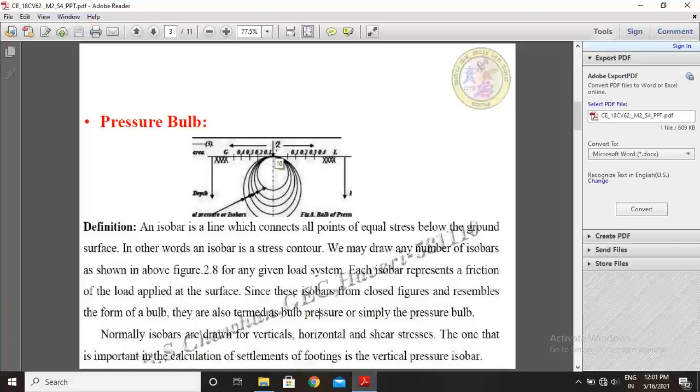Capital Q is the total structural load. So due to structural load, at a depth below the footing, how stress occurs in terms of the pressure bulb.